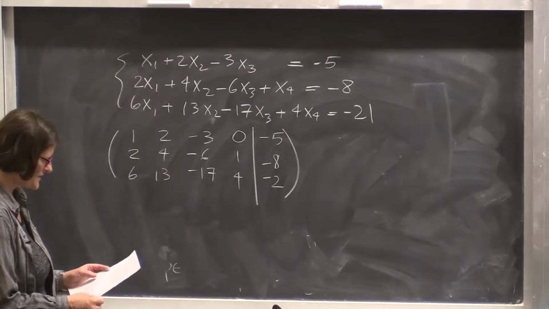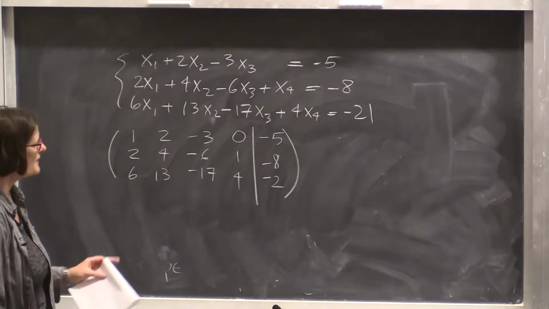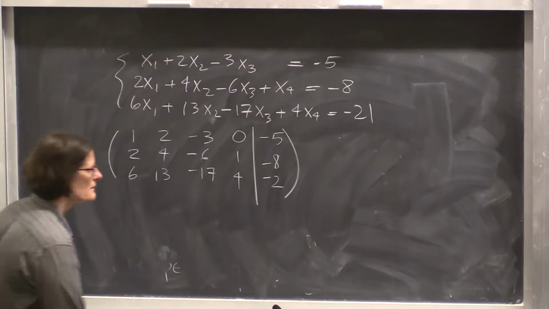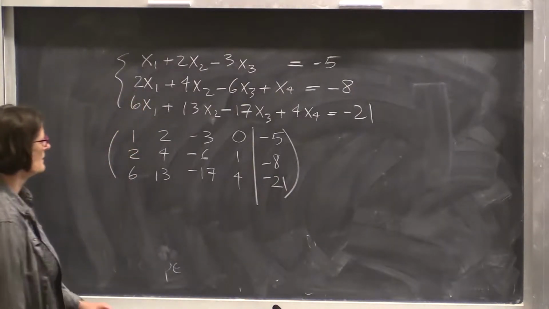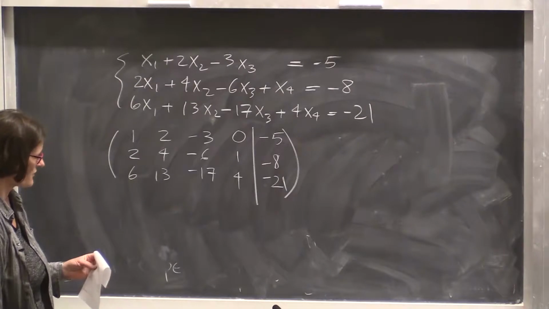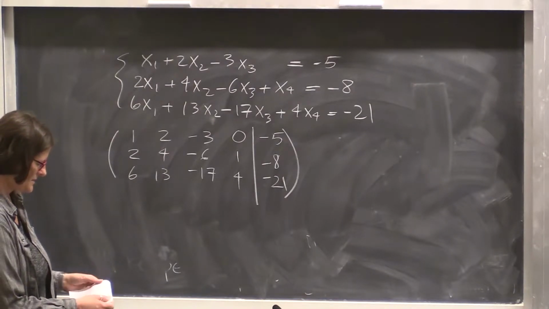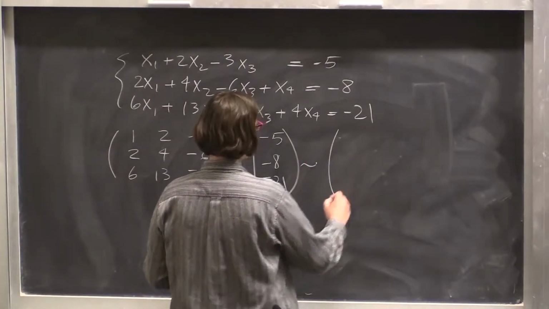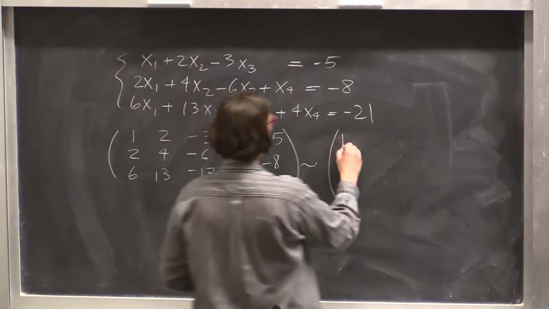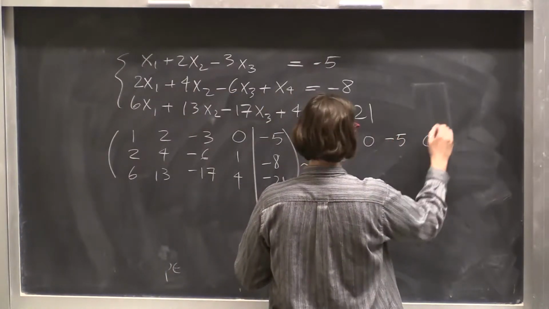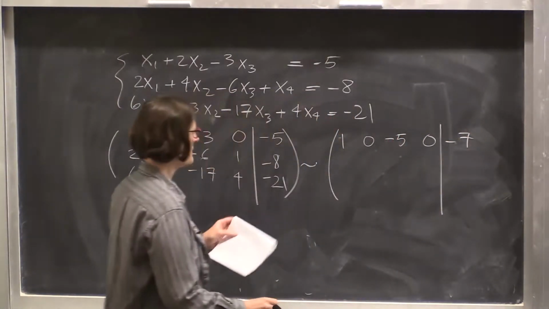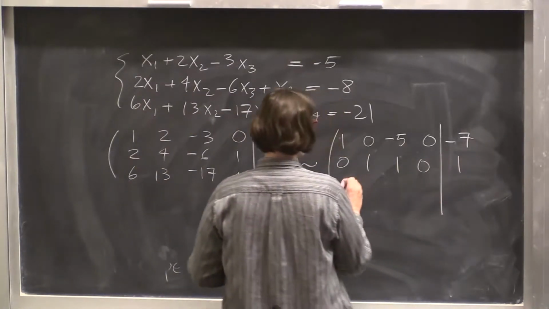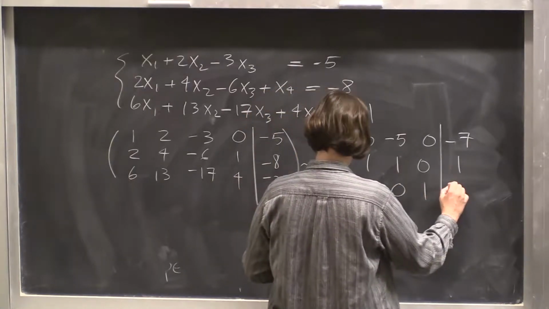And now, in the privacy of my own office, I do a bunch of elementary row operations, and I end up with the following equivalent matrix. 1, 0, -5, 0, -7. 0, 1, 1, 0, 1. 0, 0, 0, 1, 2.